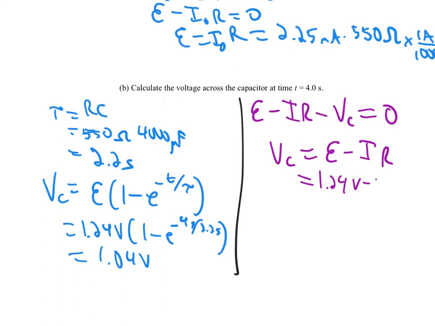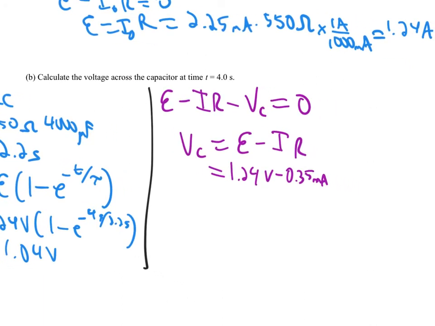The current reads to be about 0.35 milliamps times the resistance, of course, of 550 ohms. And then we'll multiply again by 1 amp over 1,000 milliamps to get 1.0475 volts.